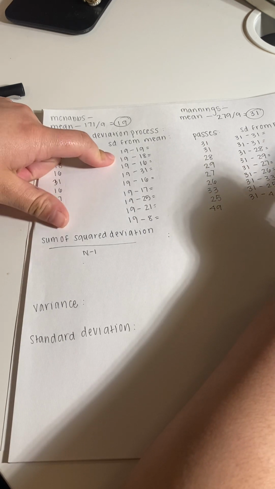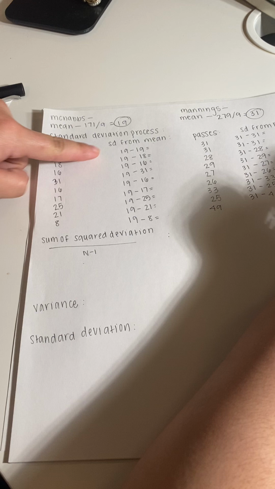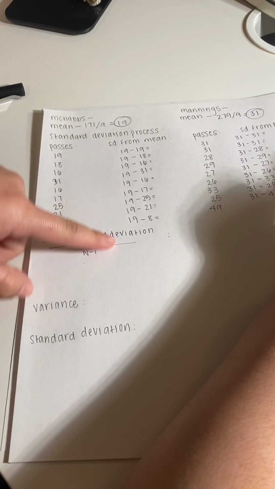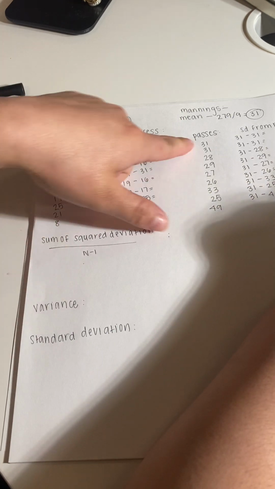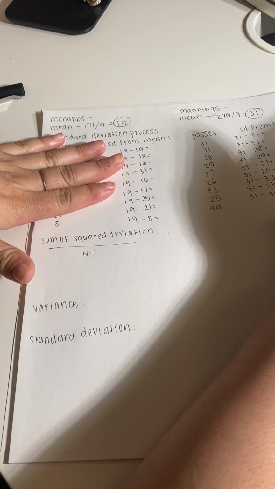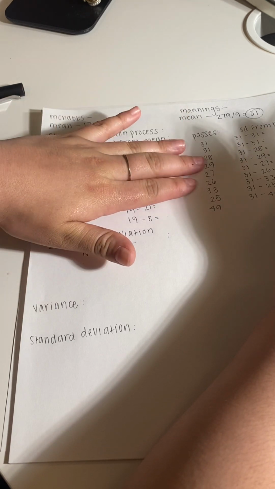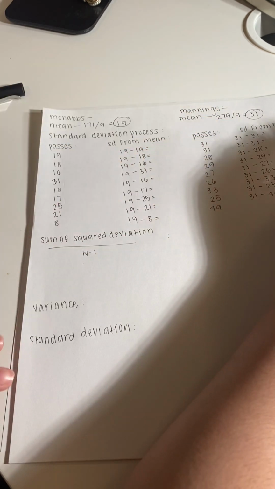So what you're gonna do is subtract the value from the mean. So I wrote it all down. So it's gonna be 19 minus 19 and so on. So it's gonna be 19 minus the value for McNabb's, and then it's gonna be 31 subtracted by the values, since that's the mean for that.